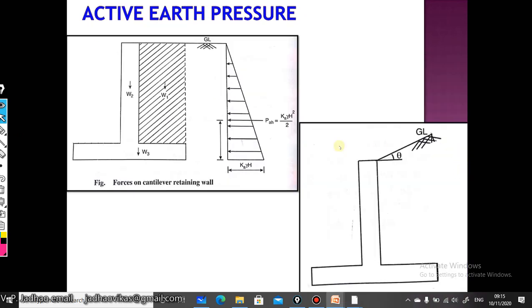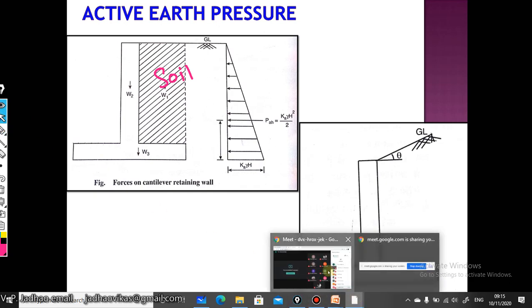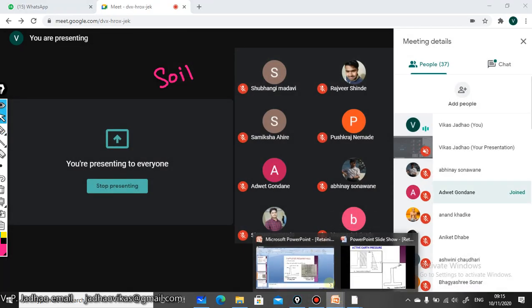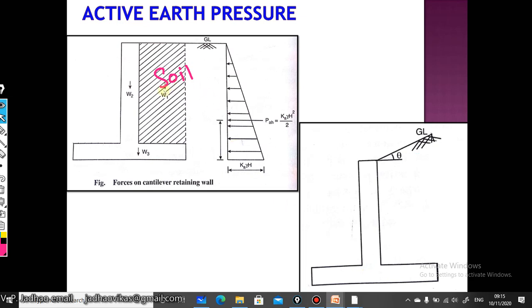Okay, now there may be a possibility that if this is a soil which is to be retained on the backside of your retaining wall, this particular surface may be horizontal, or there may be a possibility that this particular surface has some inclined soil material provided like this.